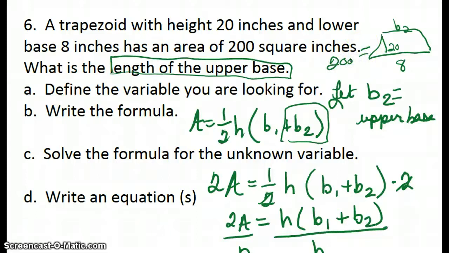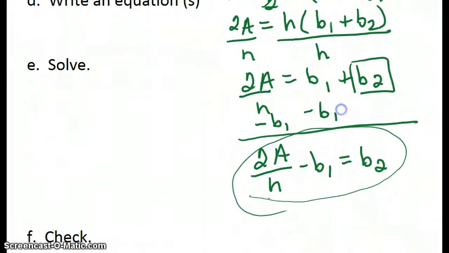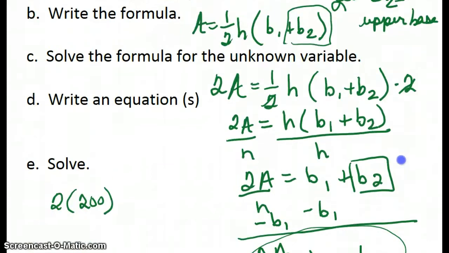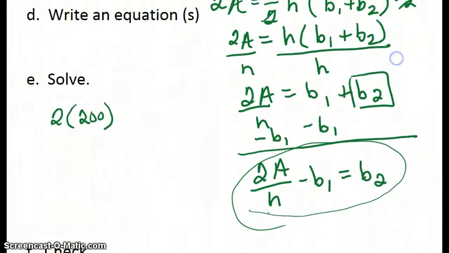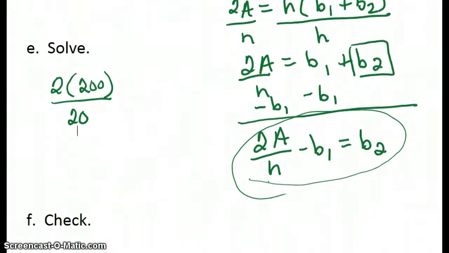Okay, its area is 200. So let's plug all that information into the equation that we came up with. We have our area, which is 200, so 2 times 200, over our height, which is 20, minus base 1, which is 8.